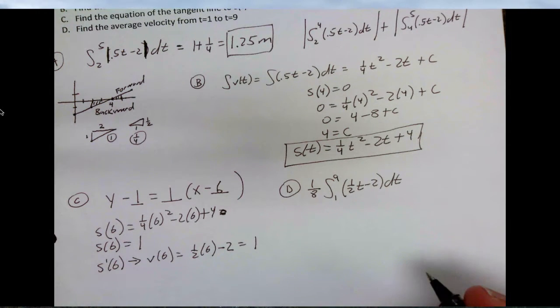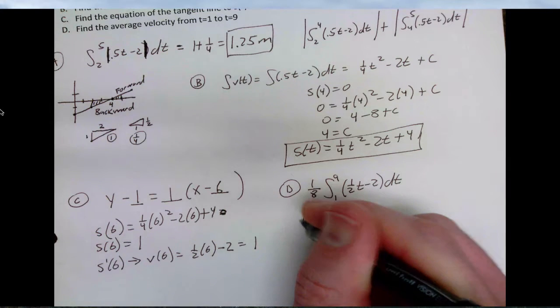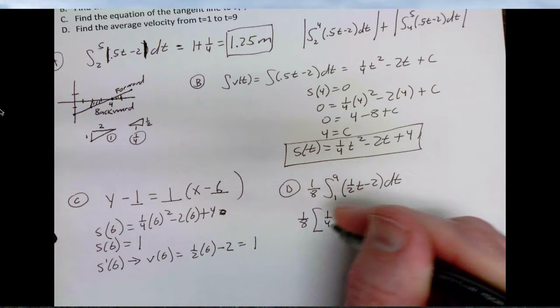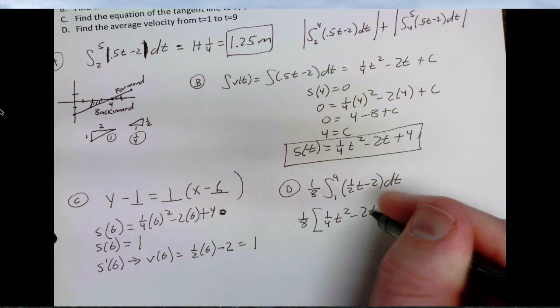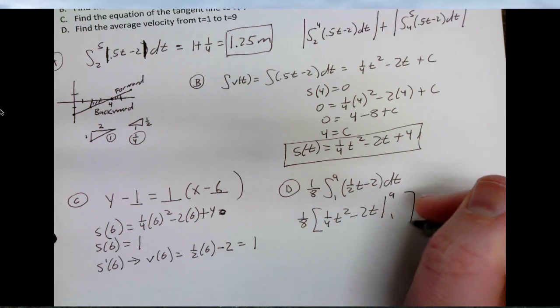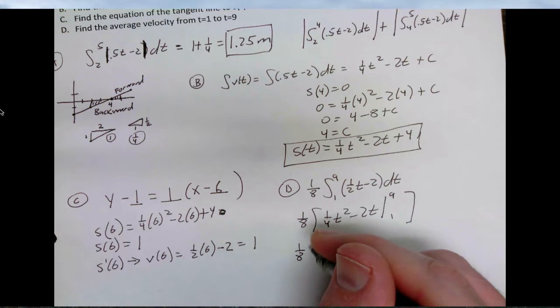All right, so when I do this, I now have 1/8, okay, and the antiderivative here is 1/4 t squared minus 2t, and that is from 1 to 9. Okay, so 1/8.